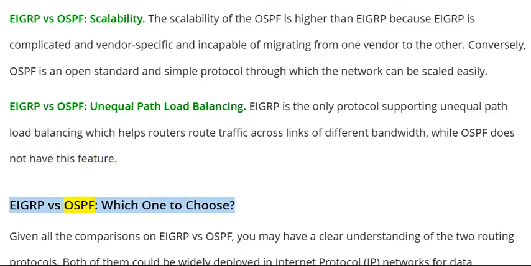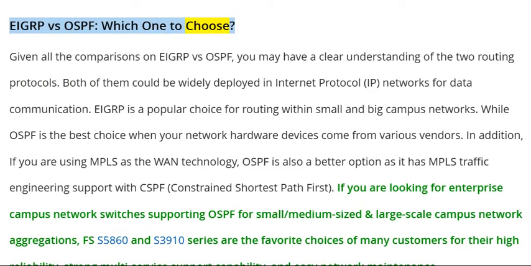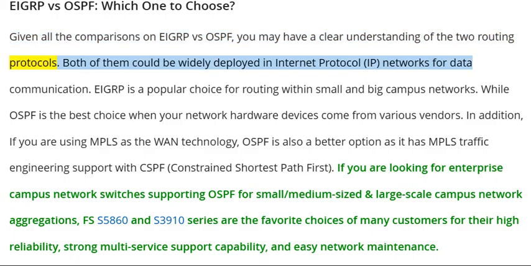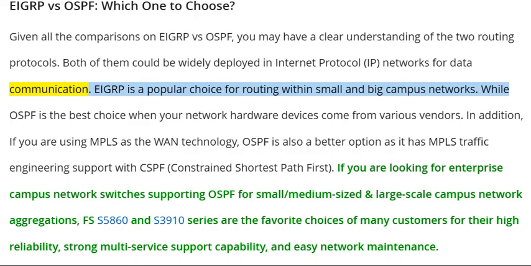EIGRP versus OSPF. Which one to choose? Given all the comparisons on EIGRP versus OSPF, you may have a clear understanding of the two routing protocols. Both of them could be widely deployed in Internet Protocol (IP) networks for data communication.